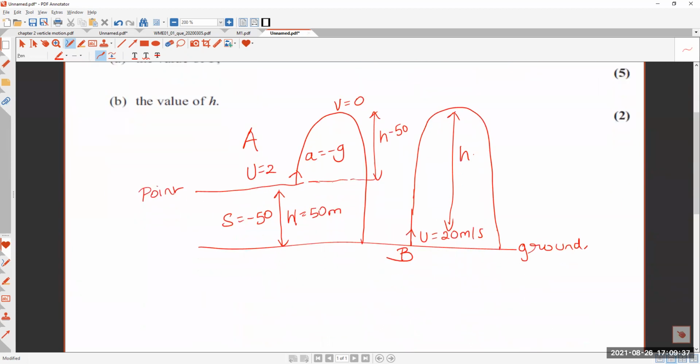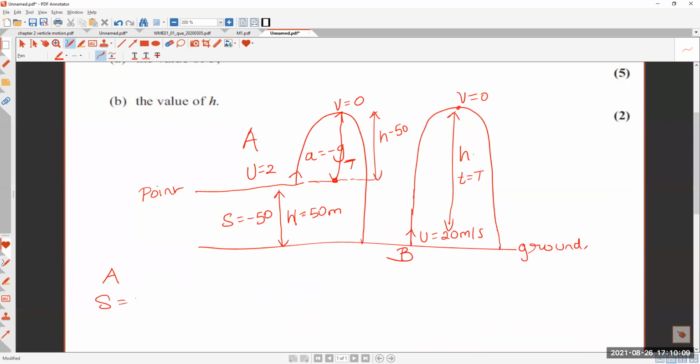The time taken for A to reach from here to here is capital T, and the time taken over here is also capital T. So the time taken is the same to go to the maximum height, and the velocity at maximum height is 0.